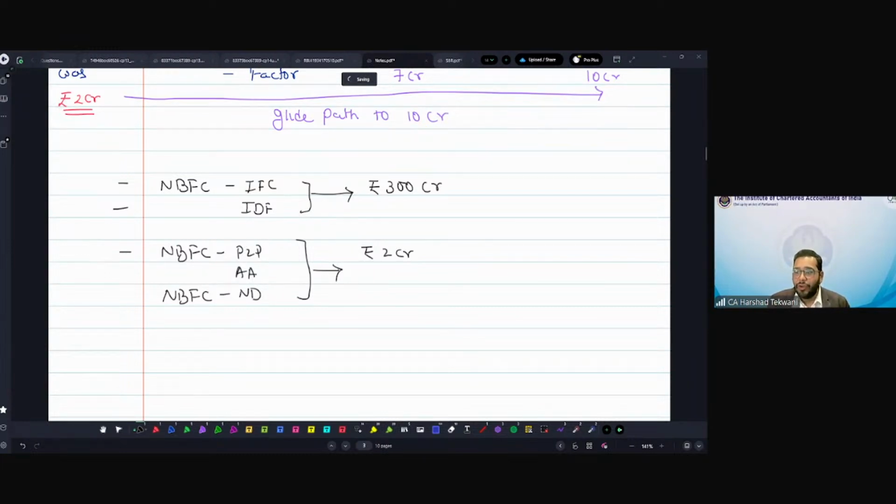This is the net owned funds requirement. Clear with this? Any doubt?